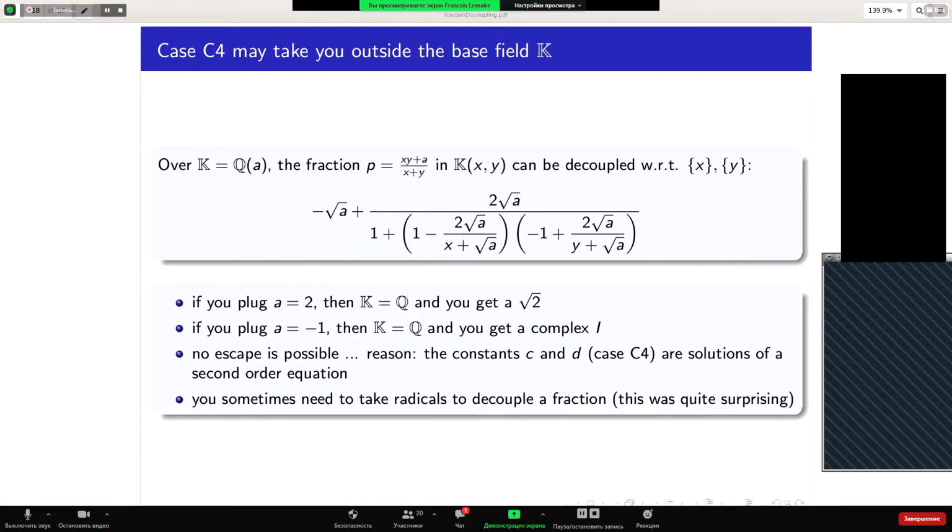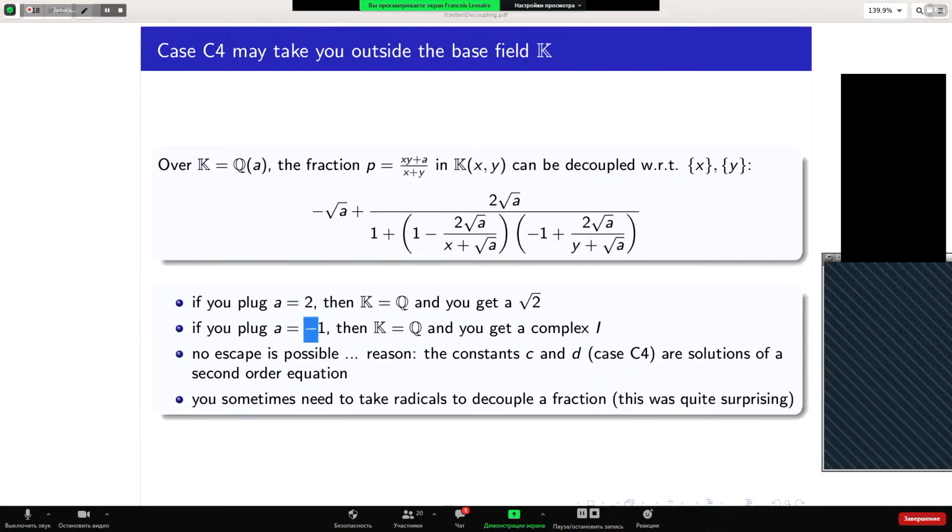And this is decoupled because x appears only once here and y appears once here. If in p a is equal to 2, then you would need a square root of 2 to express the decoupling. And if it's minus 1, then you get a complex fraction.